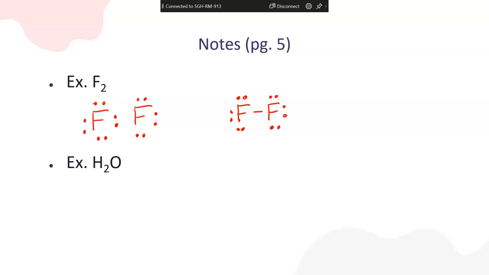If we have water, which we did previously, but we'll look at it again, we pair them up. And we know that oxygen has 2 unpaired electrons and hydrogen has only 1, and we could do an open circle to represent hydrogens. And this is showing our Lewis dot diagram.